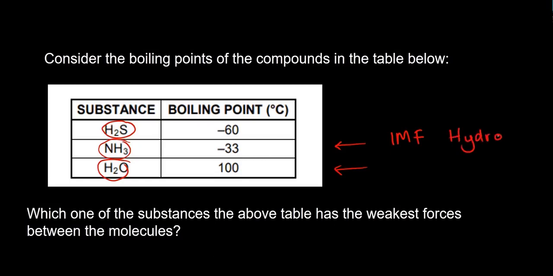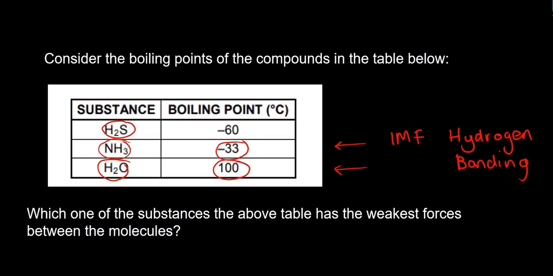So straight away, we'll know that their boiling points are going to be naturally higher. And we can see that: ammonia is minus 33 degrees Celsius, and water is 100 degrees Celsius.